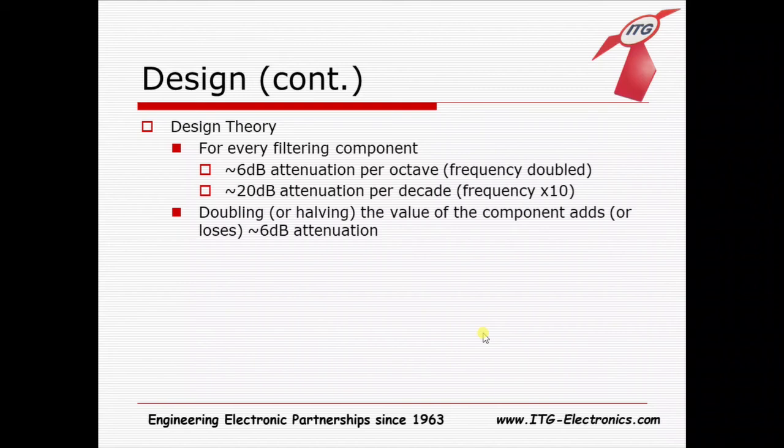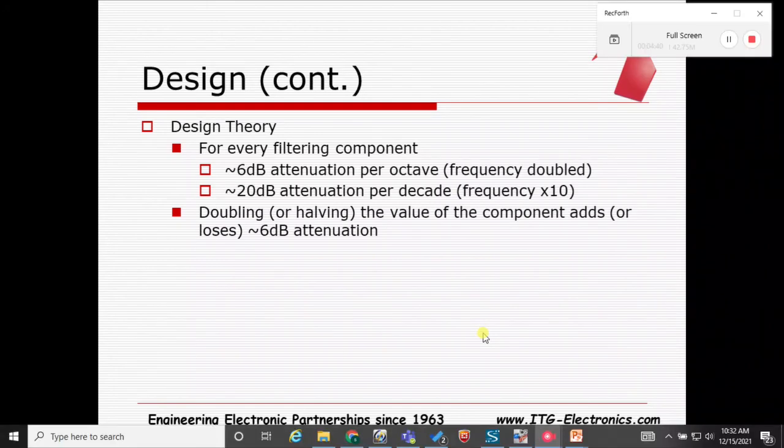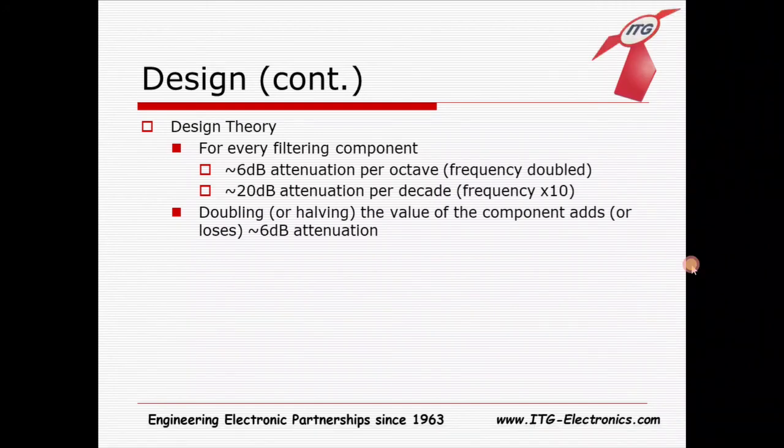Likewise, if you're trying to increase your attenuation, doubling the value of the component, so if it's a 1 microhenry inductor, doubling that up to 2 microhenries can also add about 6 dB of attenuation. Or likewise, if you halve it, you'll lose about 6 dBs of attenuation, which is also something to consider with components like a differential mode choke that are susceptible to current saturation, so they'll lose inductance as the current goes up.